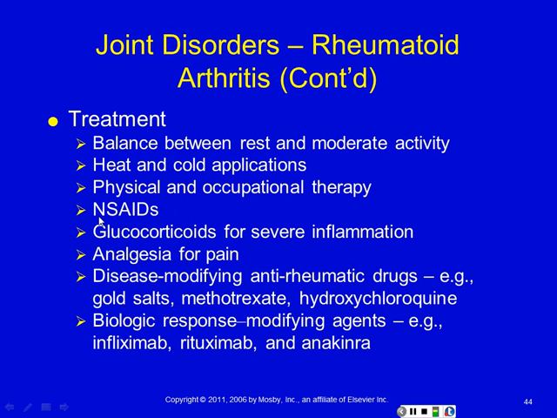NSAIDs again, glucocorticoids, but only if it's severe because they have such bad side effects. And now there's a bunch of new medications for rheumatoid arthritis, again, that your book doesn't go into, like infliximab and rituximab. Again, some of these you'll hear about on the TV. These are true disease modifiers.